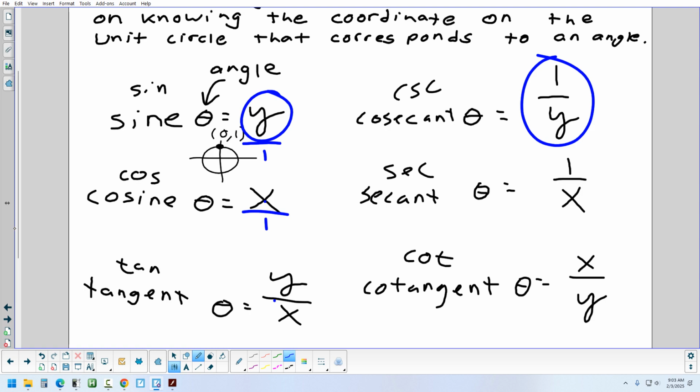So those are the 6 trig functions. And there is a trick to trying to remember the ones on the left. Does anybody know the word? It's like PEMDAS, but that's for something else. You may know the trick to remember.